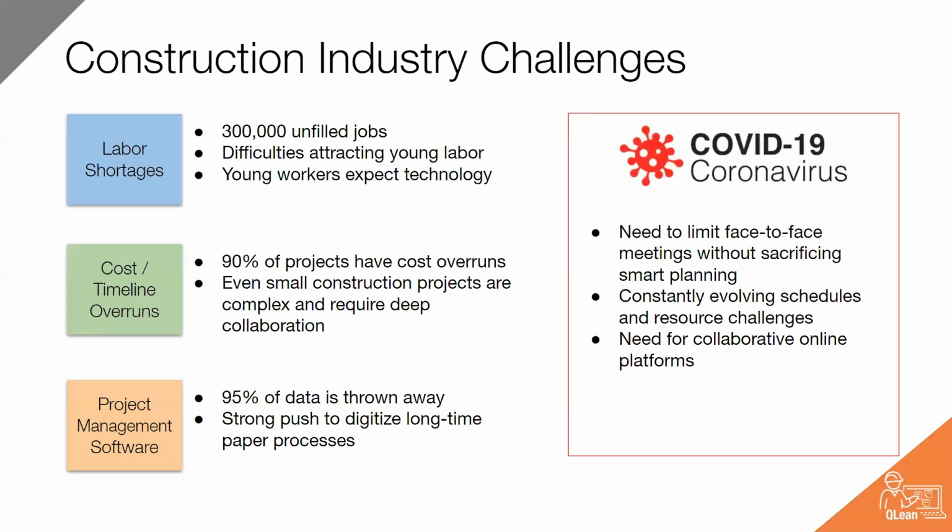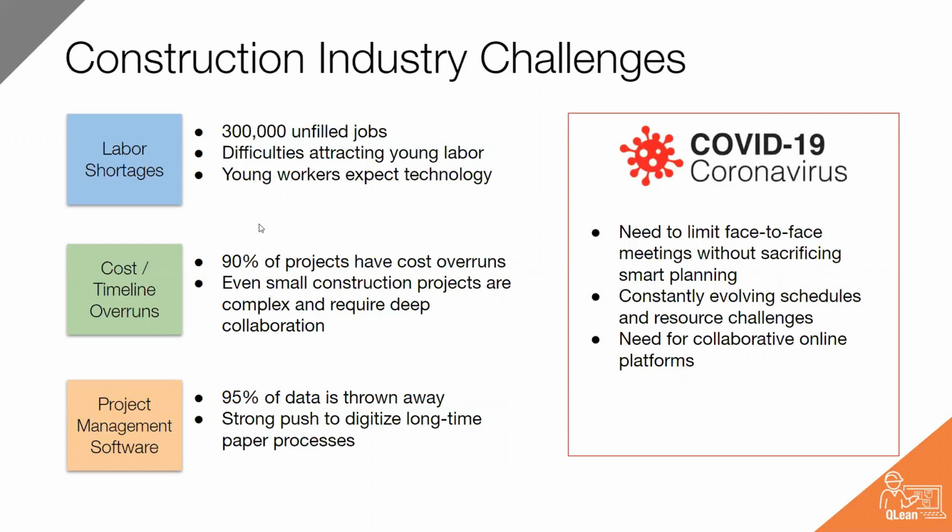So construction industry challenges: labor shortages, as we've all been experiencing the last few years, and trying to get the right trades in the right places at the right times. Cost and timeline overruns. Being in Denver, we've got an airport that's way over budget. We're all very familiar with those challenges.